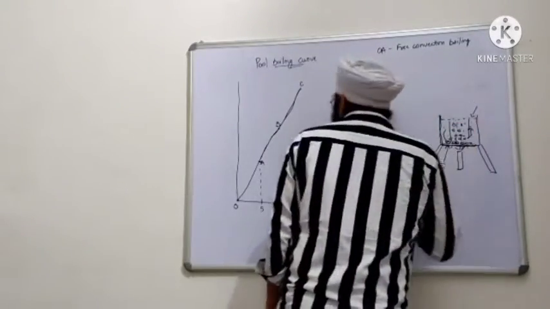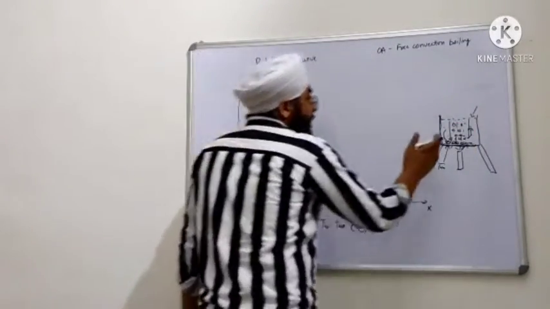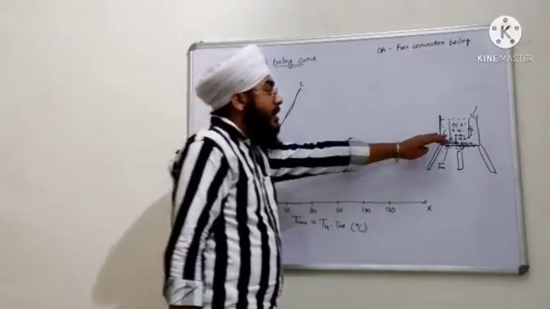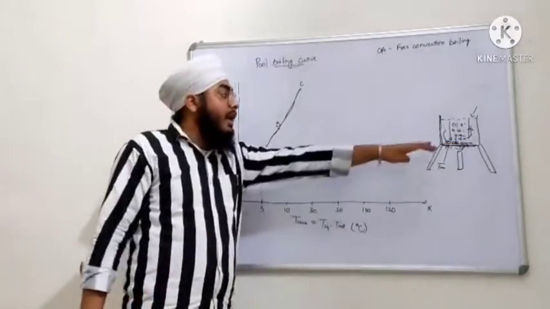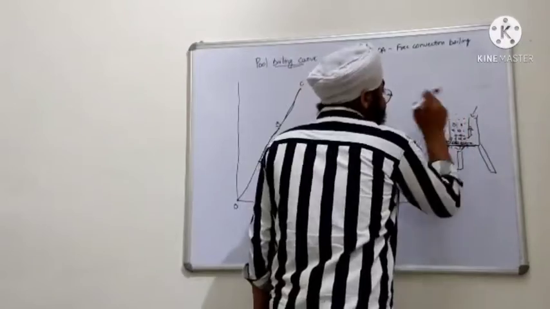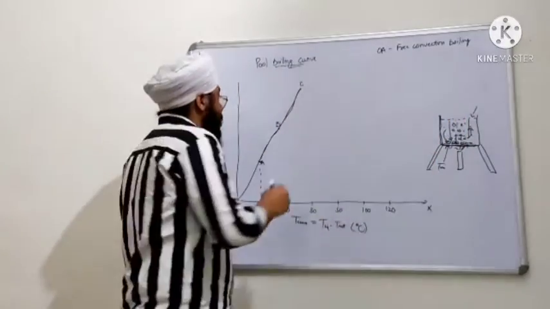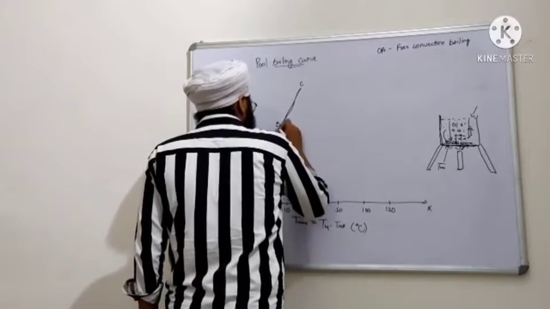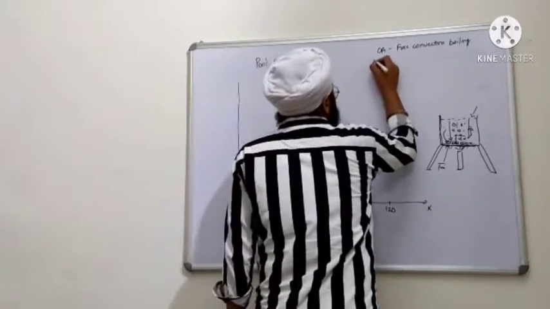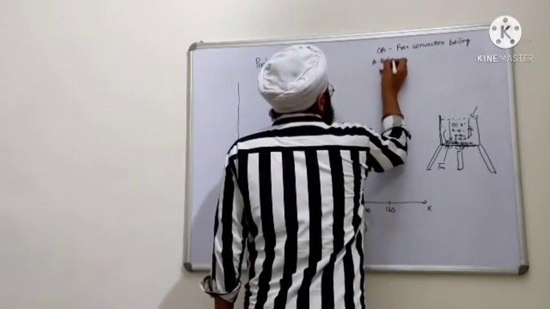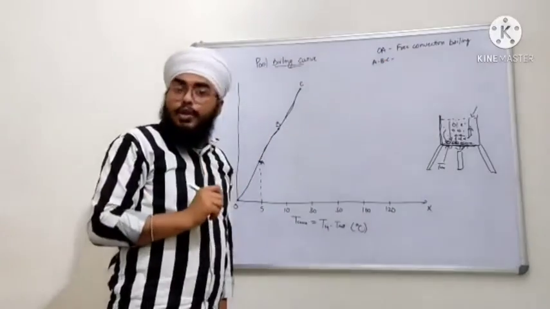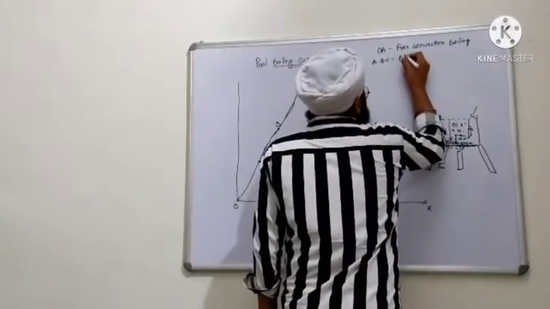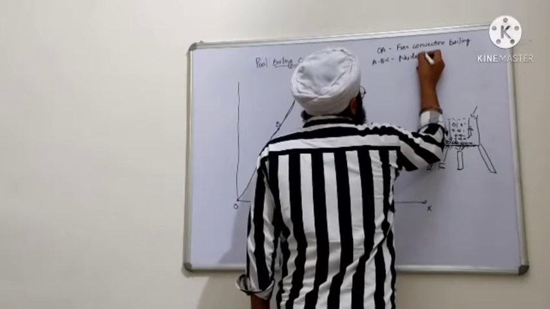So the B to C part denotes that the bubbles which are generating at the bottom because of the heat given are reaching the top layer. Now this A to B to C process is called nucleate boiling.